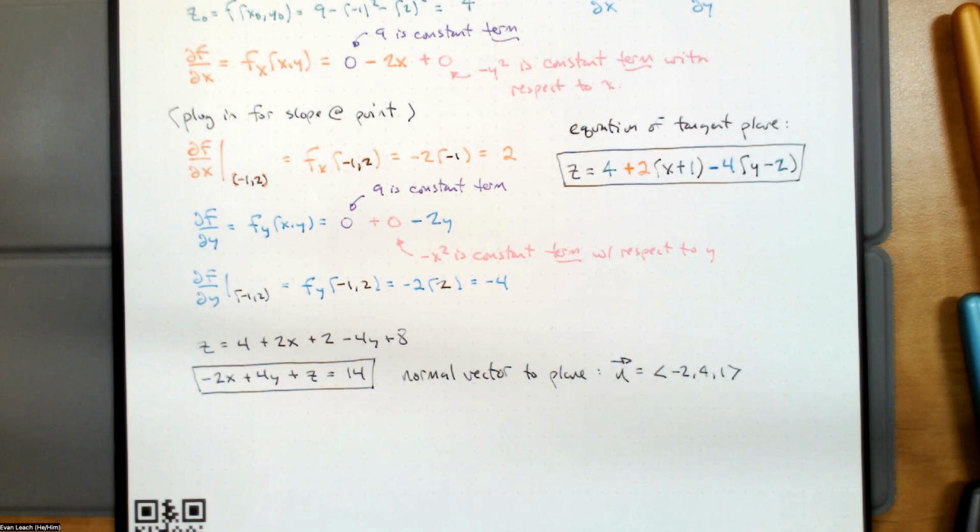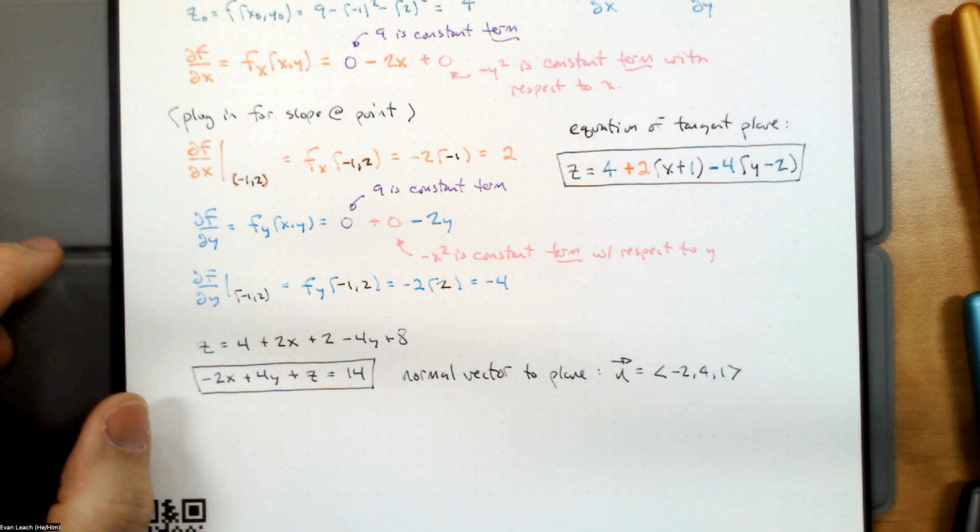Now that we can identify this one vector being normal to the tangent plane at that surface, we can call this the normal vector, this vector that's normal to the plane. We are also going to say that this vector is normal to the surface. And when we say a vector is normal to a surface, when a surface is all curvy, we're saying it's normal to the plane tangent to the surface. But we're going to shorten all that, and we're just going to say that this vector is normal to the surface.